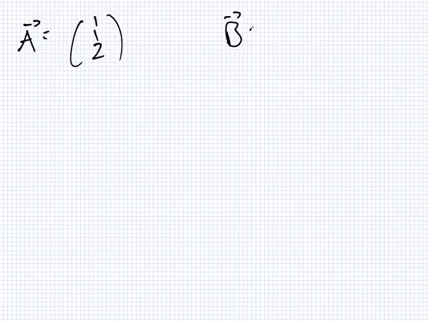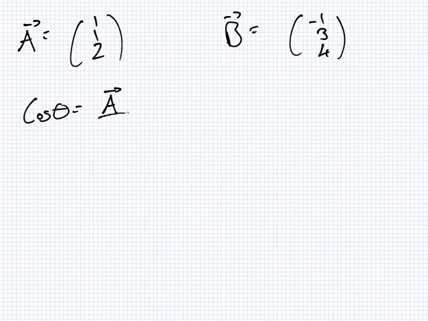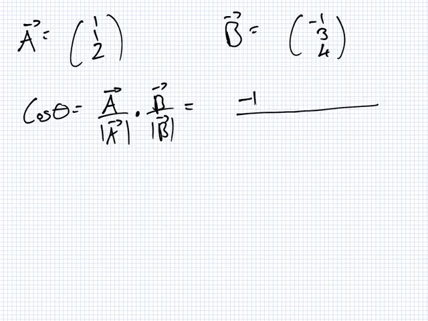So let's pick something simple to start with. Let's say A is the vector 1, 1, 2 and B is the vector minus 1, 3, 4, and we want the angle between these two vectors. So using our rule, we have cos theta equals the unit vector A dot the unit vector B. So on the top we have A dot B, which is minus 1 plus 3 plus 8.